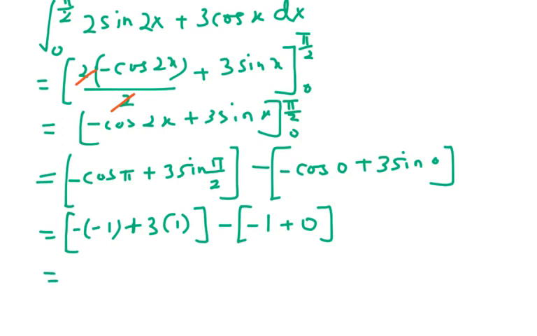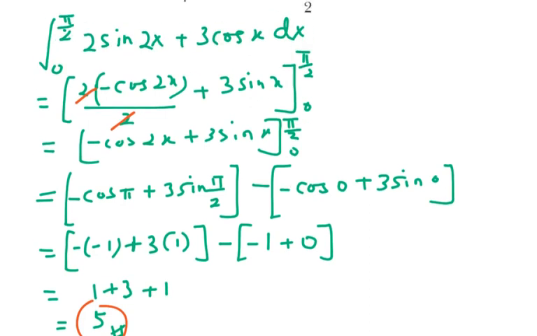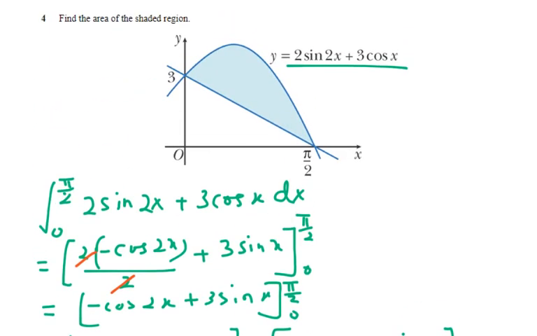Hence, to simplify this, you will have 1 plus 3 plus 1, so it is 5. This area that we found here is the area under the curve for this whole part.